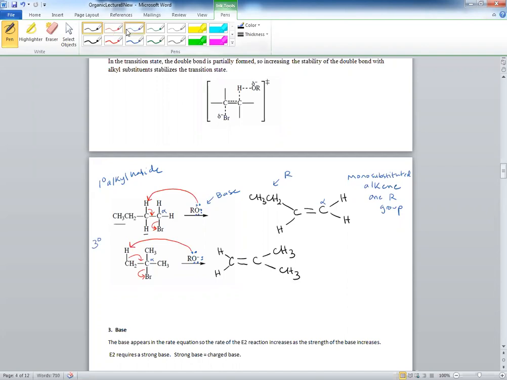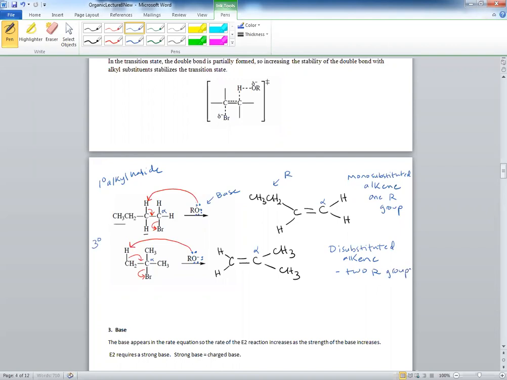Okay, I hope you're making sense of this. Here's your alpha carbon. And if you notice here, you have a di-substituted alkene. You have two R groups.